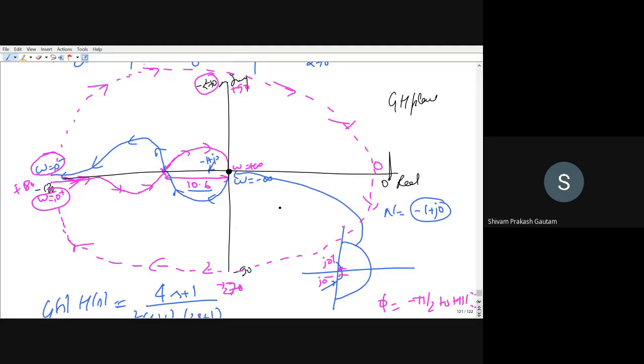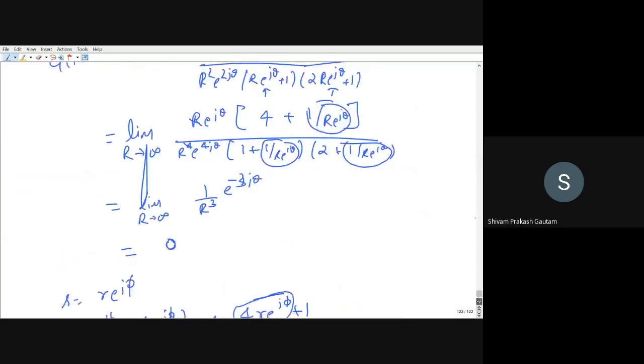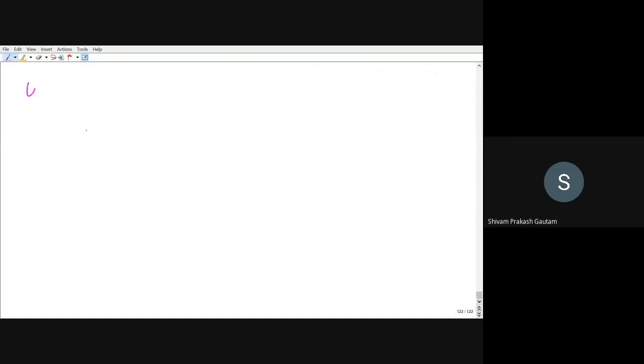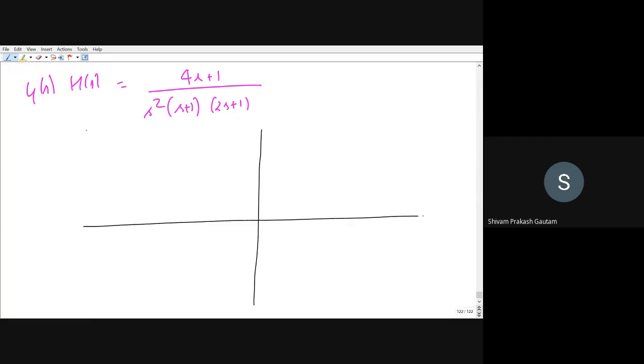So I will draw the Nyquist plot again. We are having the open loop transfer function G(s)H(s) given by 4s plus 1 upon s square (s plus 1)(2s plus 1). For this, the Nyquist plot that we are getting is, this is our GH plane, 0 degree, minus 90, minus 180, minus 270.